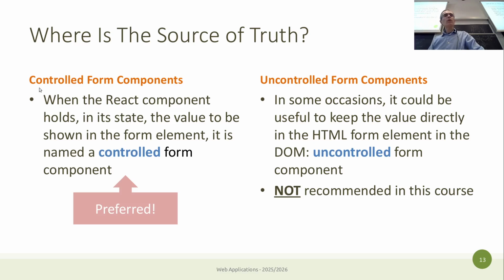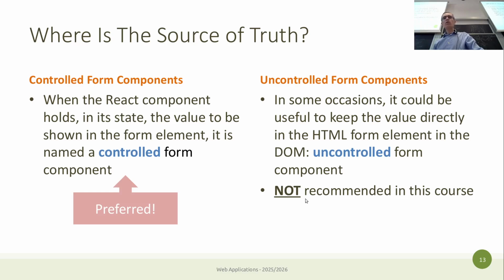And if we use, as we do, the controlled form components, the source of truth, so what decides what to show inside the user interface, will always be inside the React state. Okay? Only the React state. And the rest depends on the React state. So it's our duty to decide and to correctly update the React state depending on what's happening inside the application. So depending on what the user does with the form.